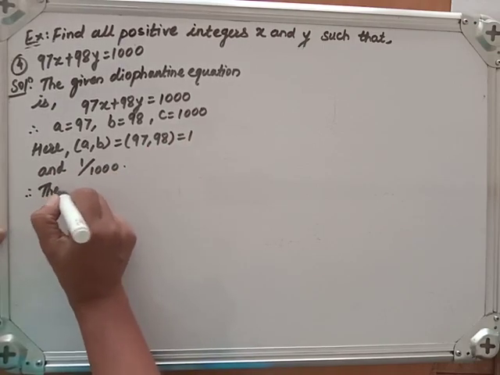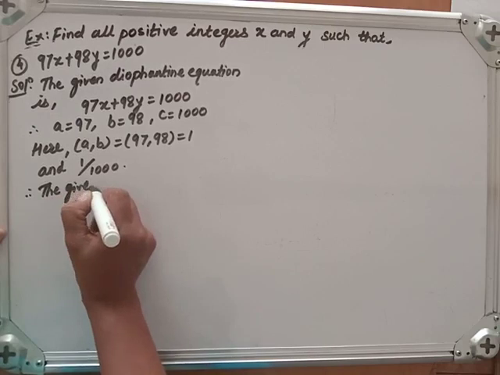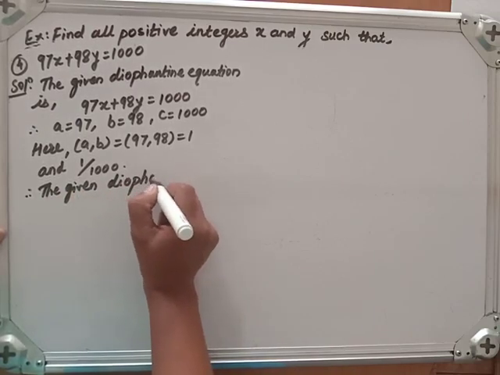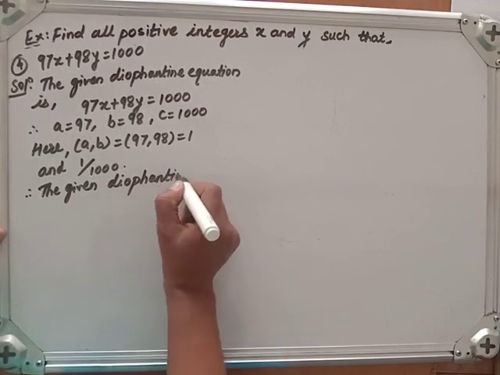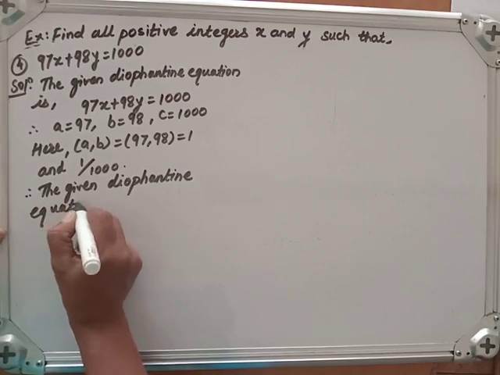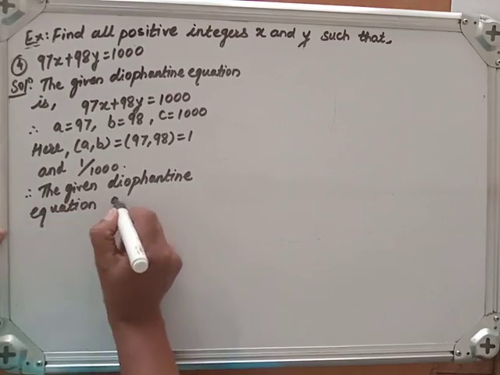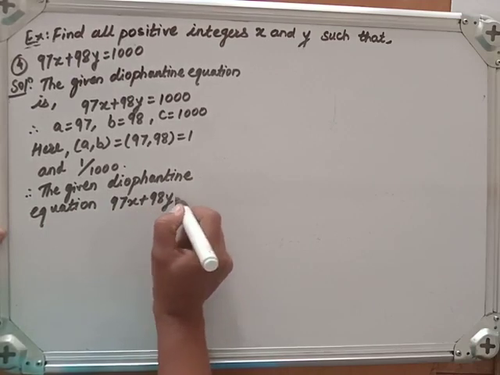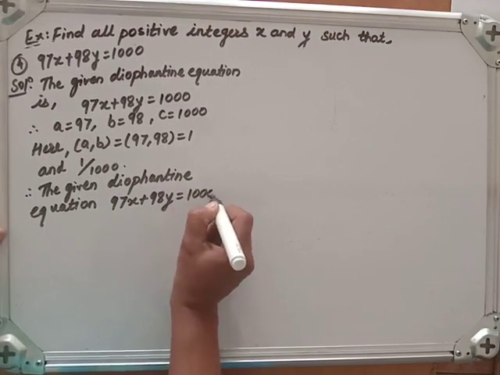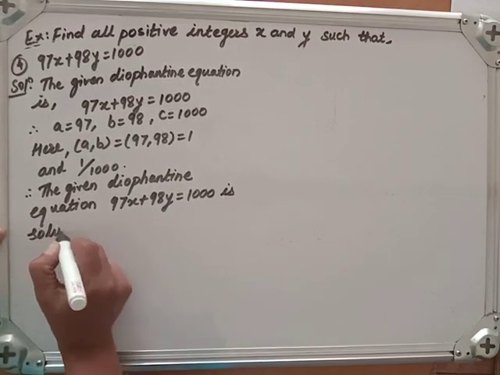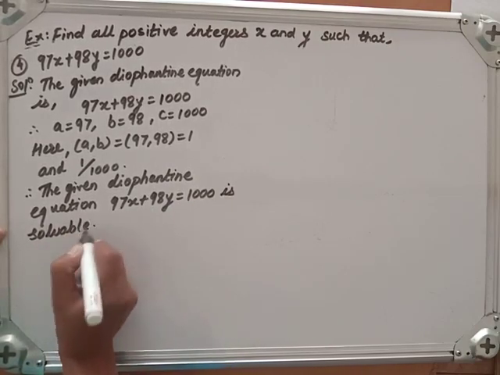Therefore, the given Diophantine equation 97x plus 98y is equal to 1000 is solvable.